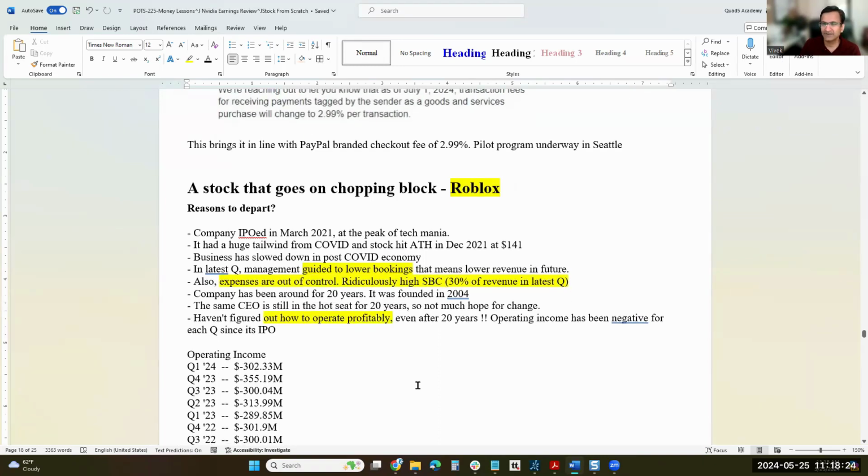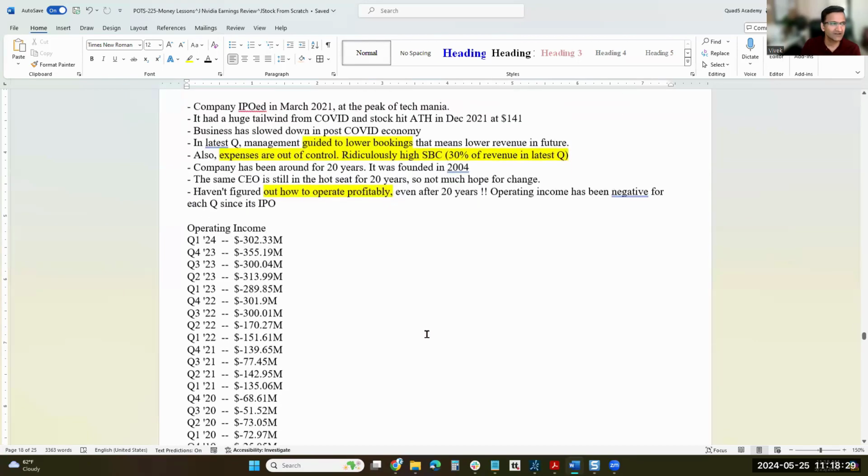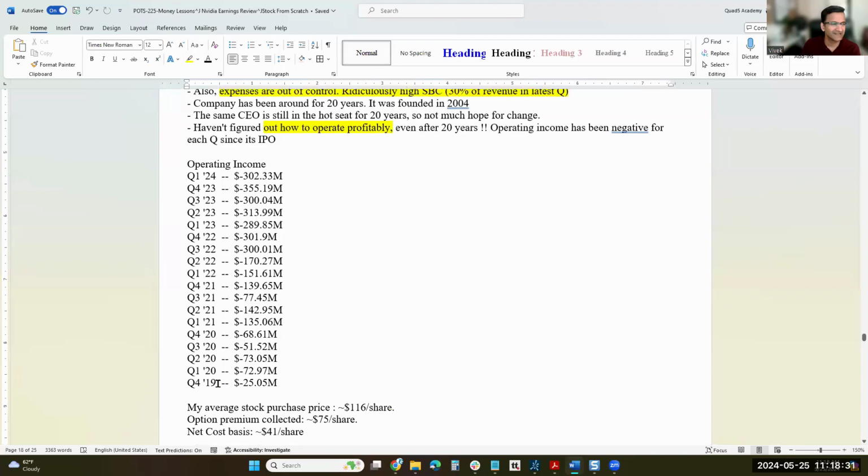So anyway, I decided I'm going to part ways with this stock. Look at its operating income for the last 5 years, every quarter has been negative. Forget about COVID tailwinds and all that. When COVID had its tailwinds, it was less negative, and it's like negative 302 million. And you're giving 30% of your revenue to management as stock-based compensation.